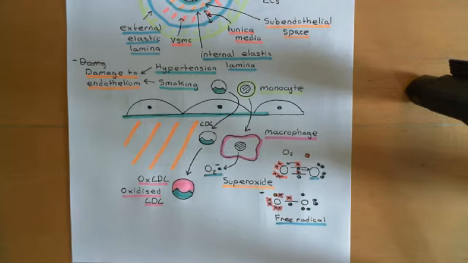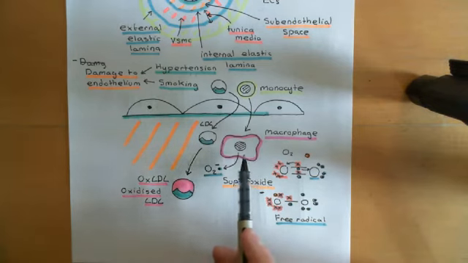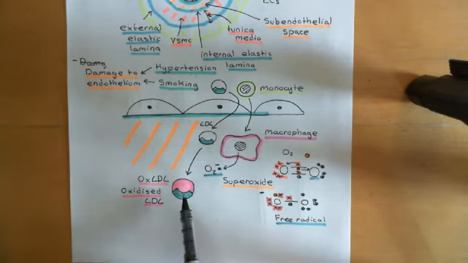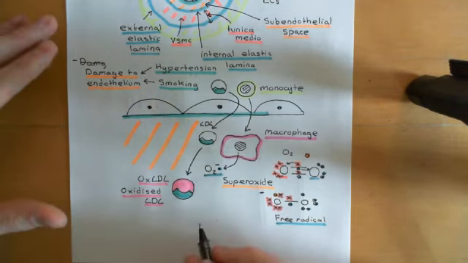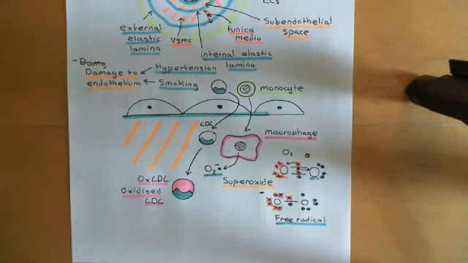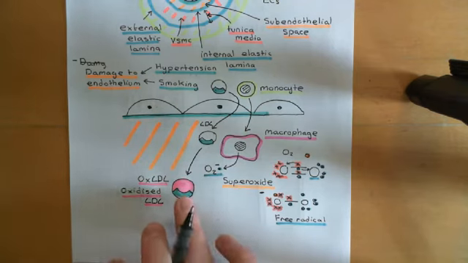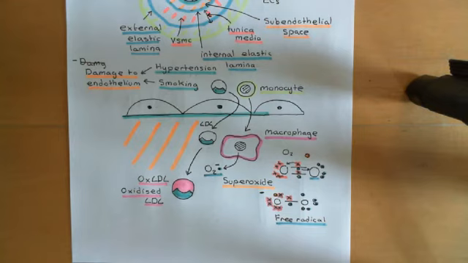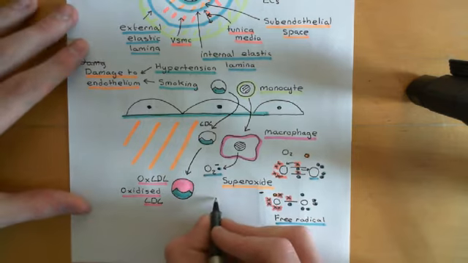What now happens is these macrophages can actually take up oxidized LDL. The thought is that the macrophages understand that this oxidized LDL is incredibly dangerous, and they now want to remove it from the subendothelial space.